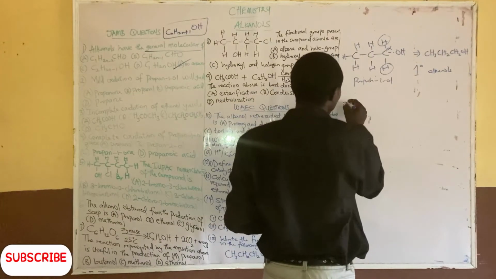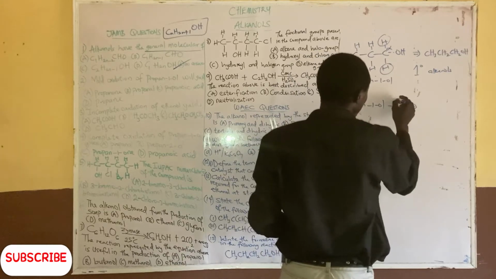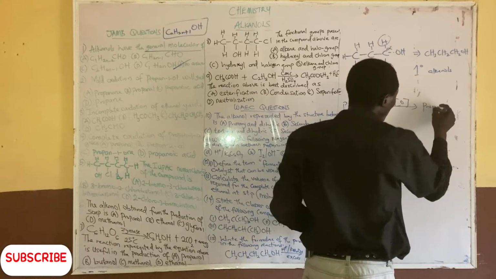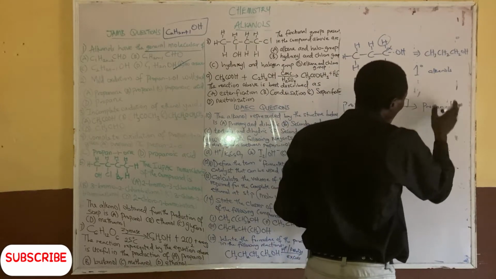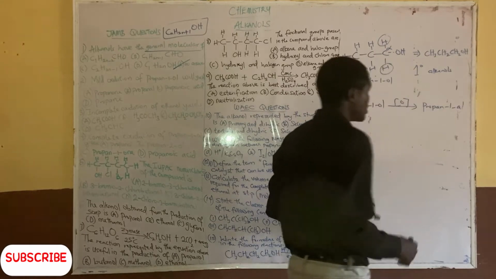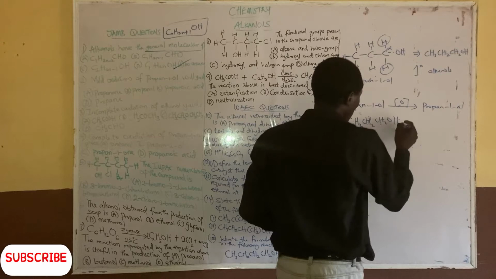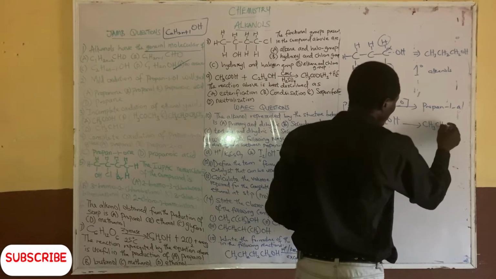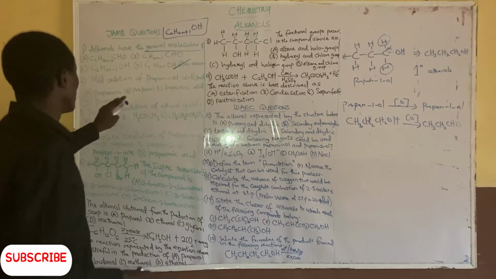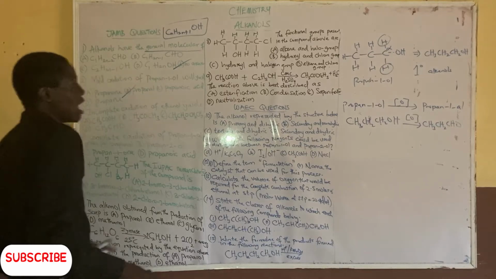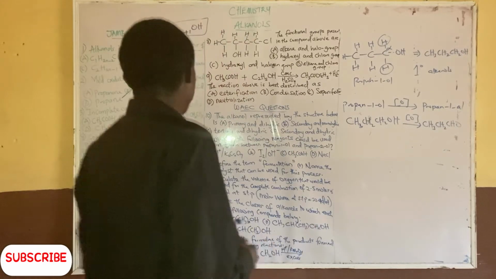So propan-1-ol will oxidize to form propanal, or propan-1-al, which is the same thing. CH3CH2CH2OH gives CH3CH2CHO. That is what mild oxidation, not in excess, gives us: propanal. So that's option B.